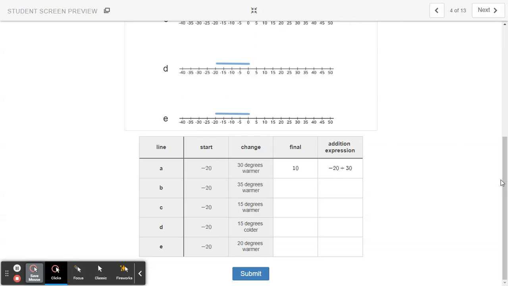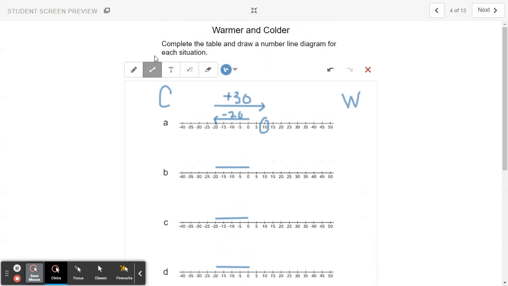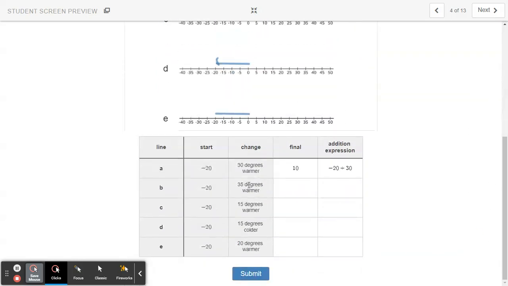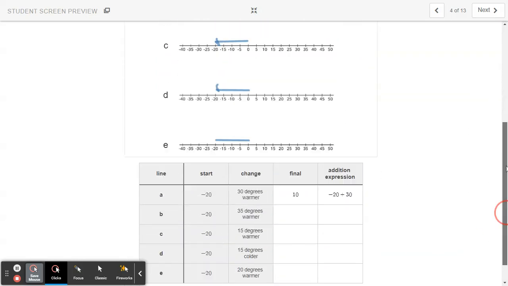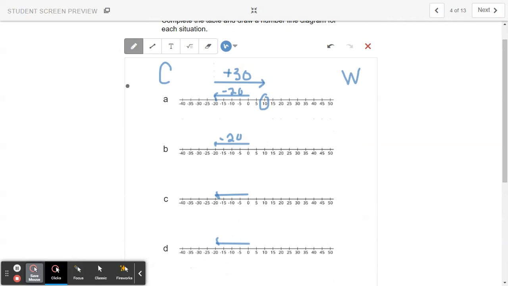Okay. And just to remember, we put the arrow to show which direction. This was going negative. Okay, so for this one, it was a negative 20 start, but then it got 35 degrees warmer for B. So that means the next line I draw has to be 35.